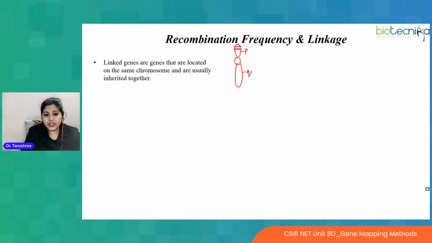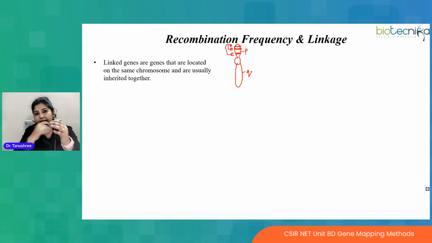If two genes, let's say A and B, are very closely located, and this is the C gene, then the distance between A and B is definitely less than between A and C. So genes are said to be linked if they are closely located on the chromosome and are most frequently inherited together.